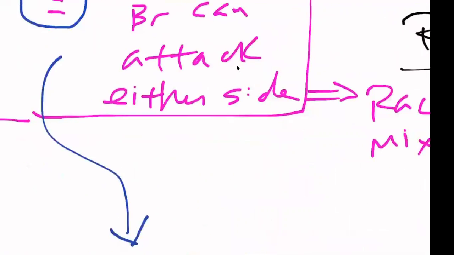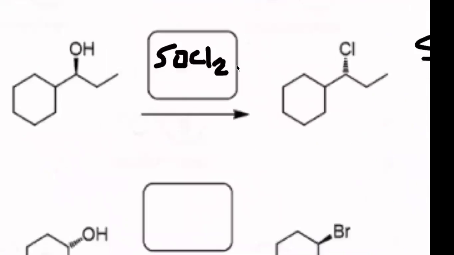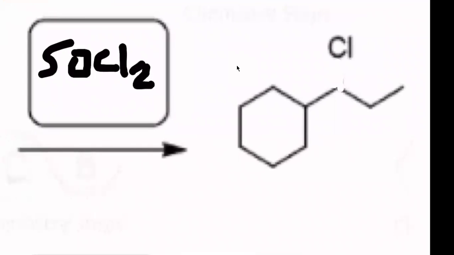So when we go back to here, you can see it. You can see the OH is wedged, and then in the product, the chlorine is on a dash. Might be hard to see. Let me see if I can do something. Make the dash a little bit more visible. That's even worse.